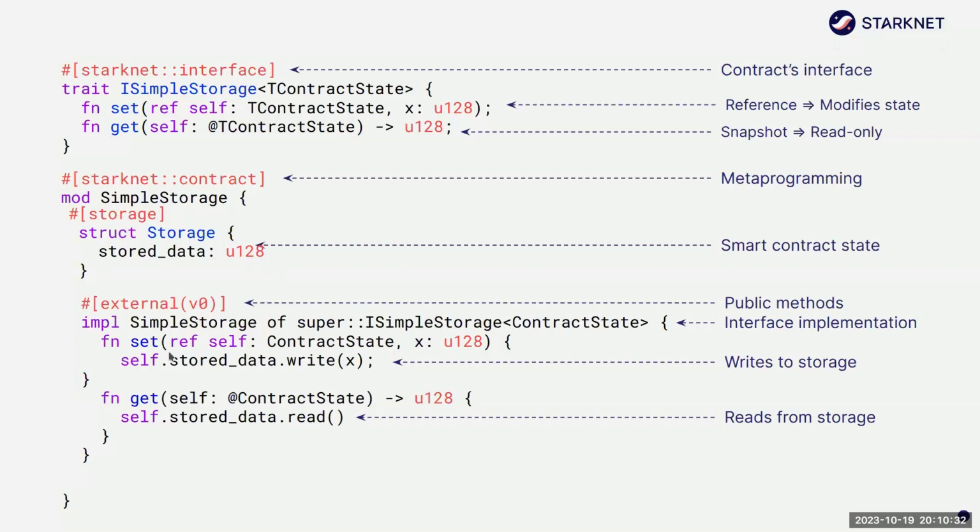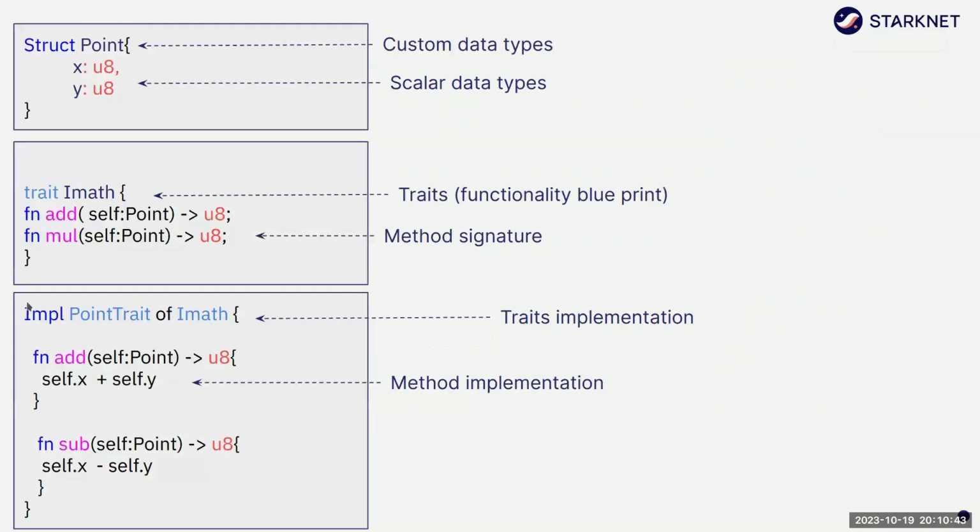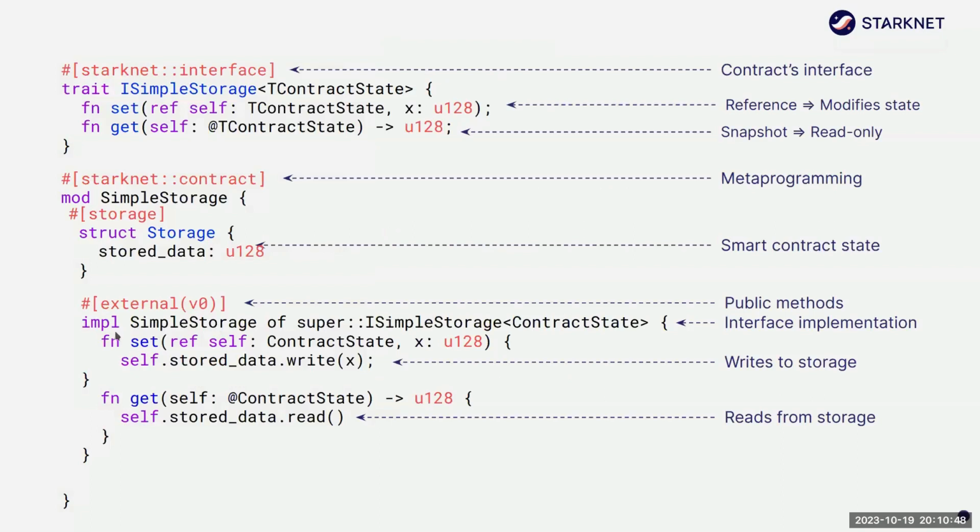When you want to implement the interface, the trait you defined here, it follows the same process. Nothing is really different. So you define impl SimpleStorage of super. What super is doing is, since this trait is defined in this module, you have to reference it, import it into this SimpleStorage module.